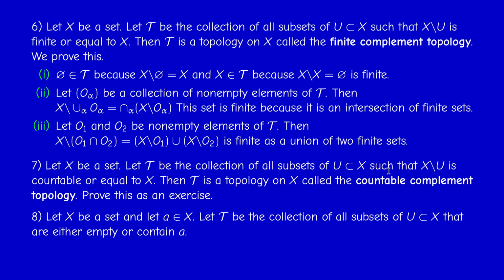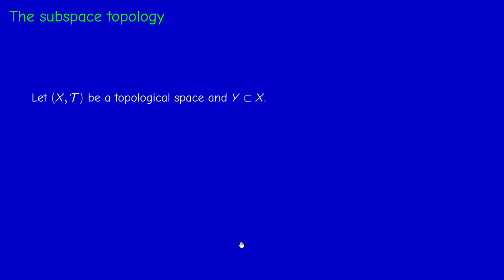We fix a particular point A in a set X, and we consider the collection of all subsets U of X that either are empty or contain the point A. So a set is open if either it's empty or contains A. Okay, so all non-empty open sets have a common point, which is A. And once again, it's trivial to check the three conditions. Okay? It's straightforward, actually. And this is called the particular point topology. It's also used for counterexamples.